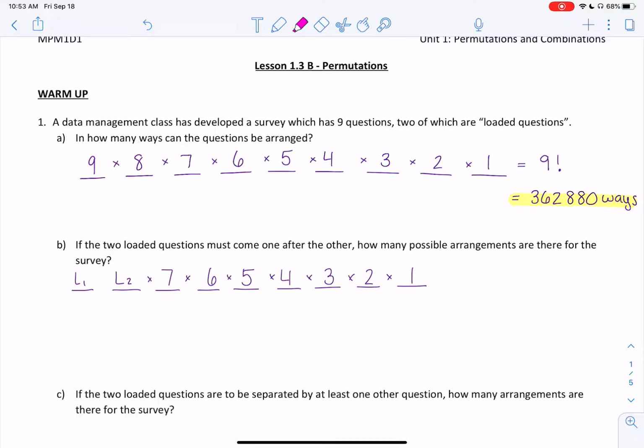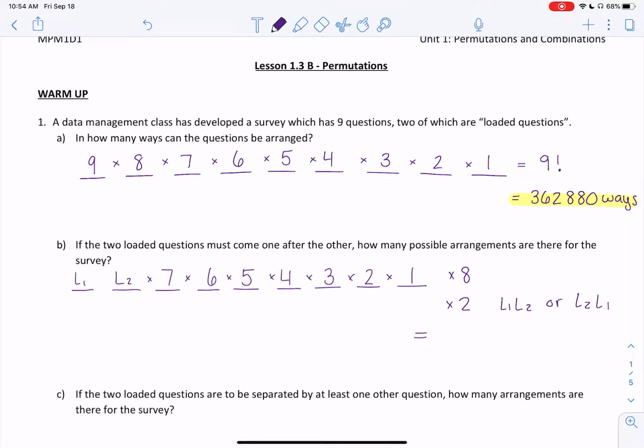So, in addition to this multiplication, we also need to multiply by 8. And then we could have L1, L2, but we could also have L2, L1. So that doubles all of our options because we could have L1, L2 or L2, L1.